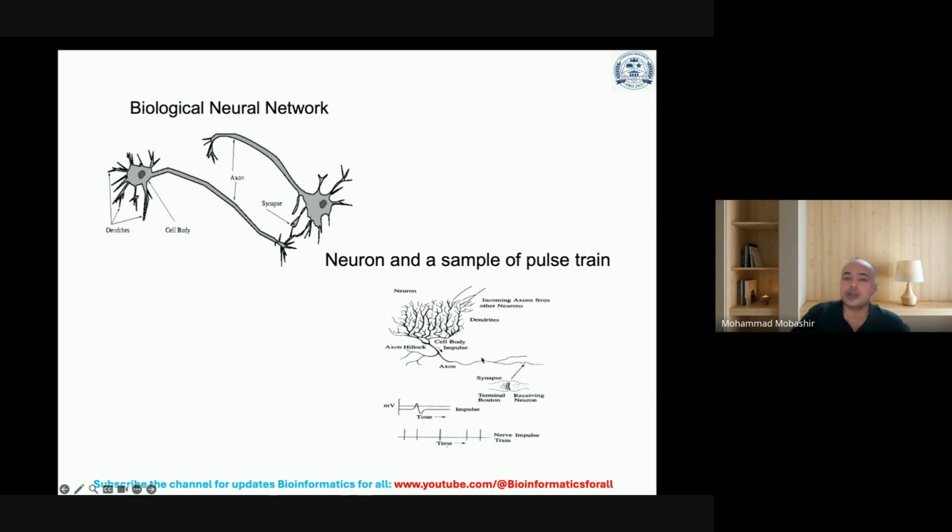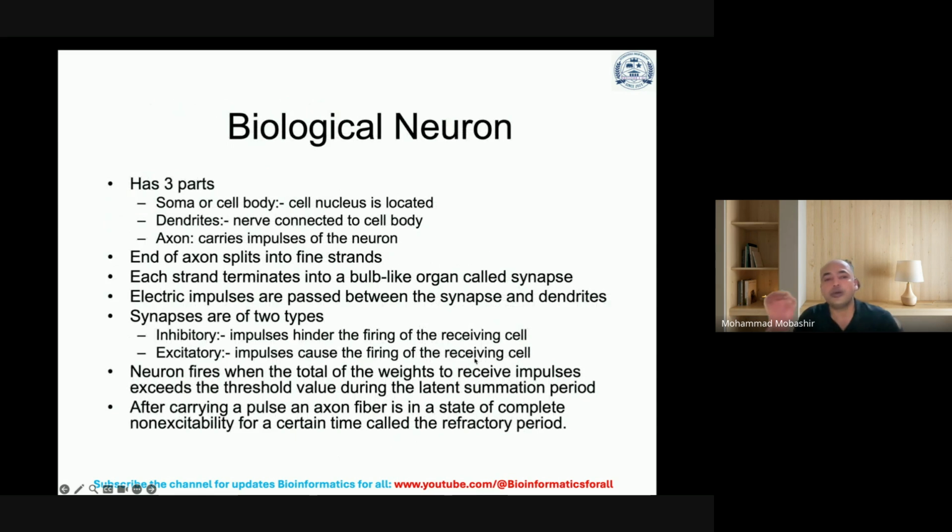So here how it receives the signal and how it executes the signal to the next level. Now, what is a biological neuron? It has three parts: soma or cell body, then dendrites, axon. I'm not going into the details of this. So next it comes to the end of axon, which splits into fine strands which connect to the other parts.